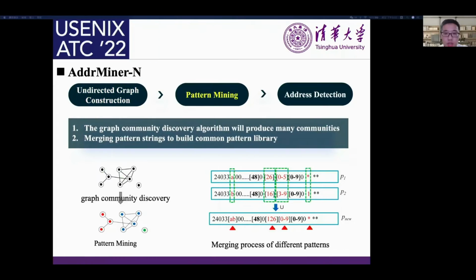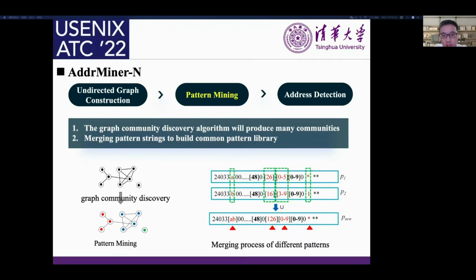As shown in the left figure, the graph community discovery algorithm will produce many communities. These nodes have high similarity in the same community, but low similarity in different communities.